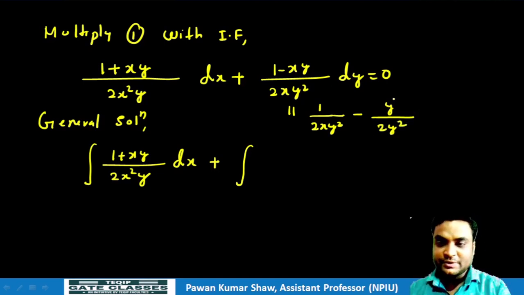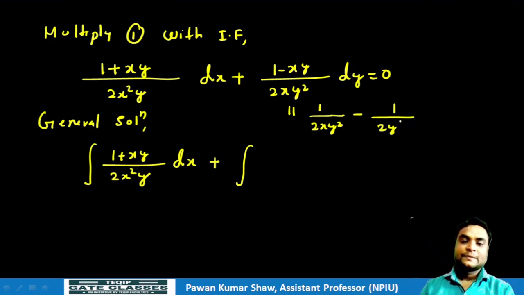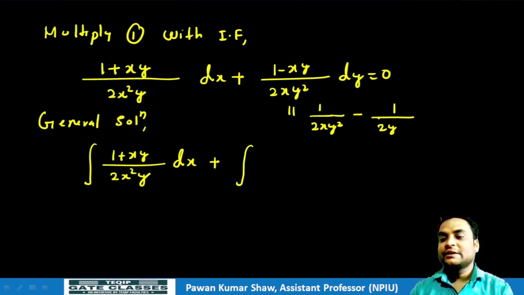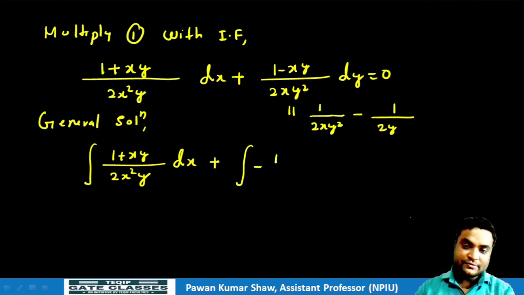So that will be simply 1 by 2y. In that case we will take those terms which do not contain x, but here x is in the first term, x is present, but this term is free from x, so we can take that term. So we can write minus 1 by 2y only. Here I am taking the general solution of the first form.